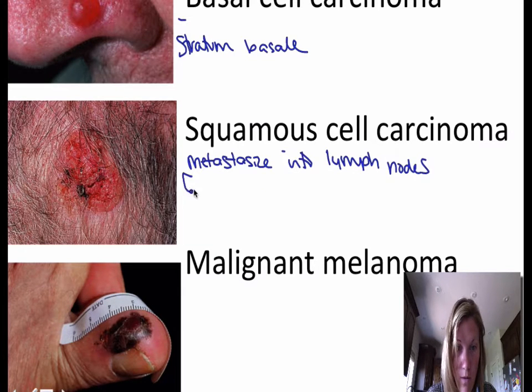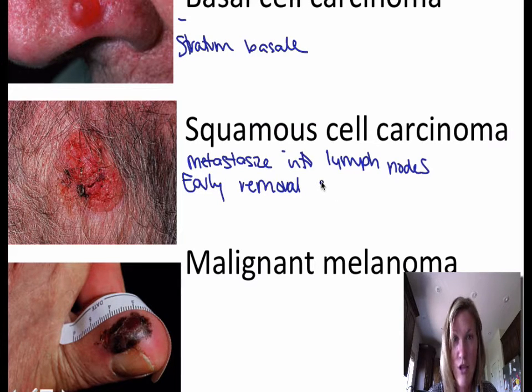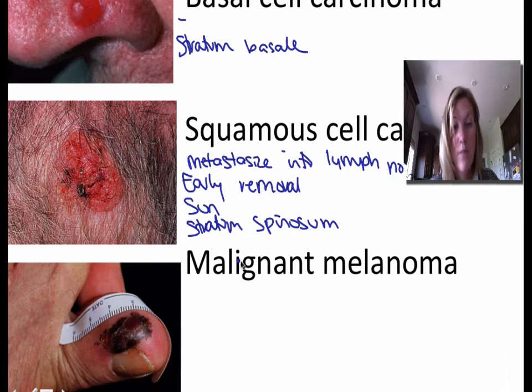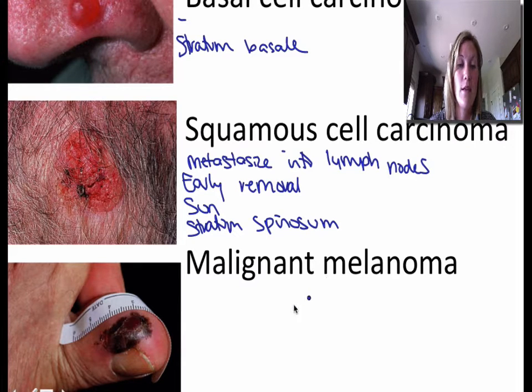Early removal allows for a good chance of recovery, and this is believed to be induced by the sun, and it arises from the stratum spinosum. Then we have the malignant melanoma, so that's going to look like this.